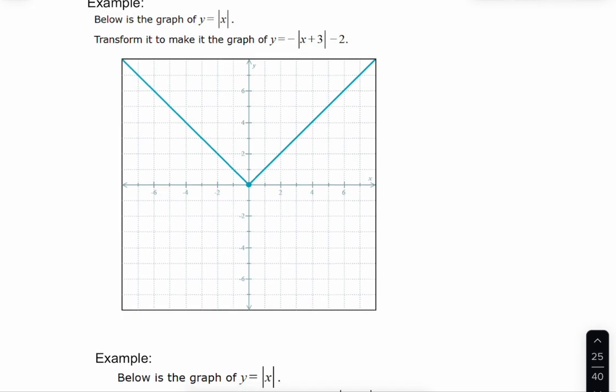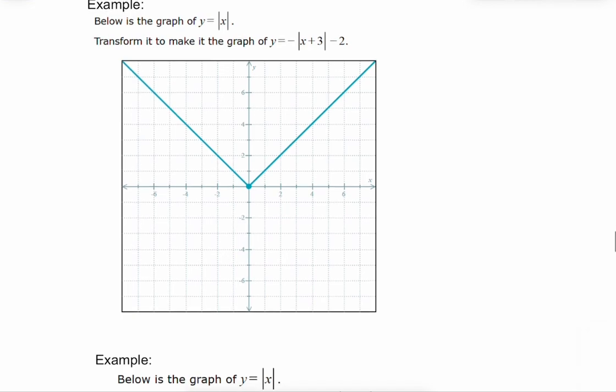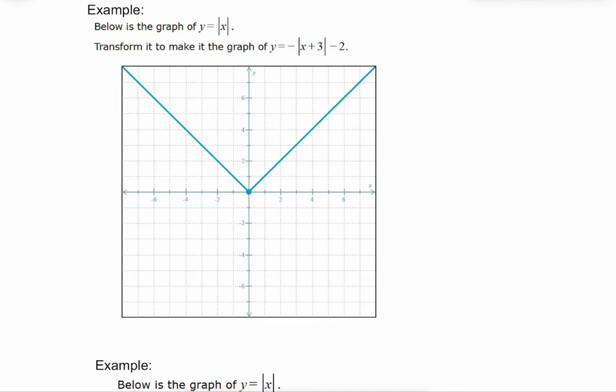Now, in this example, there are more things that have happened to our absolute value. So let's explore what those things are going to be doing. I already know what those things are going to be doing, and as we do 3, 5 especially, we'll explore those as well. But what the negative out in front is going to do, it's going to flip our V upside down.